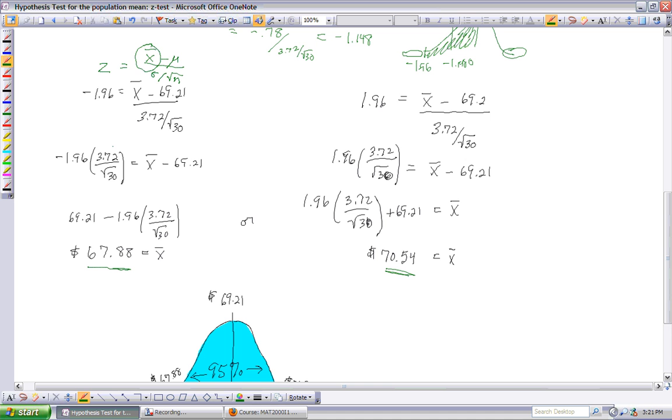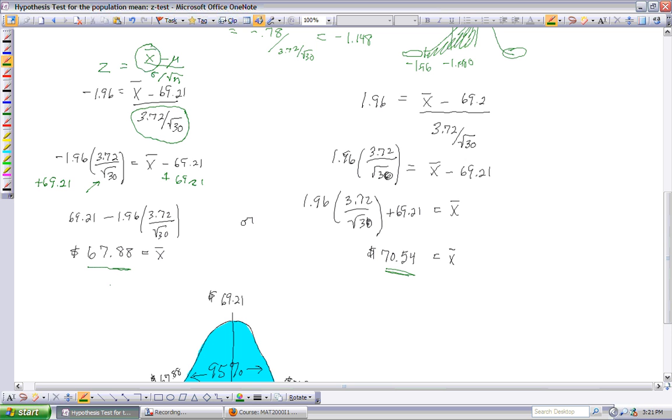And you can see I solved it. First I multiplied this off the bottom. I multiplied this side by that value and that side by that value, which you see right here, and that canceled out that. And then I added 69.21 to both sides, which canceled out this guy over here. And as a result, I got 67.88.